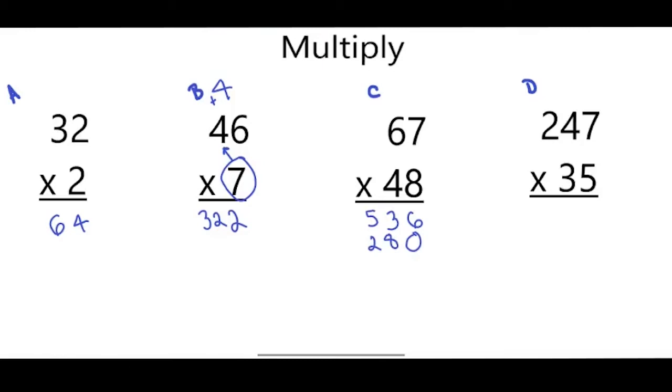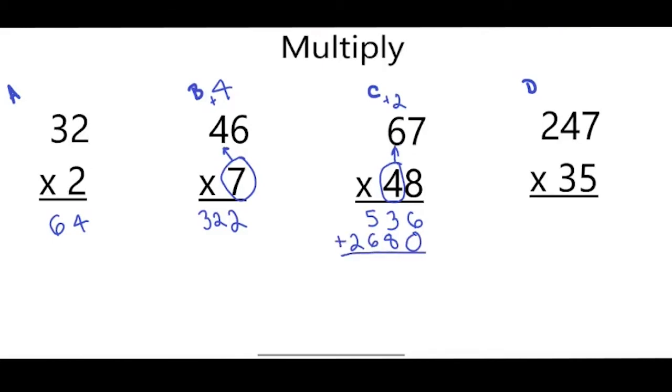But I take that 2 and I move it up top. So now I multiply the 4 times the 6, which is 24. And then I add 2. 24 plus 2 is 26.